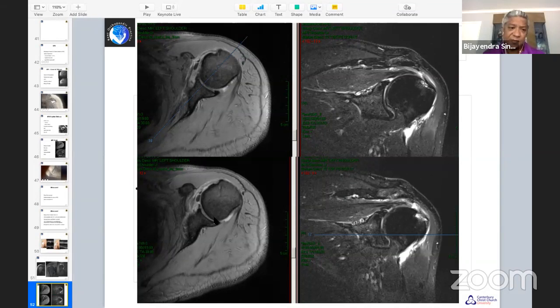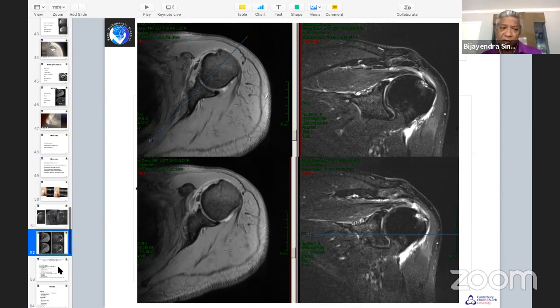So looking at this, my diagnosis would most likely be that this patient has got a large or a massive rotator cuff tear. And I would like to examine and assess the patient, take a good history, and then make a management plan, which is most likely going to require a surgical repair.